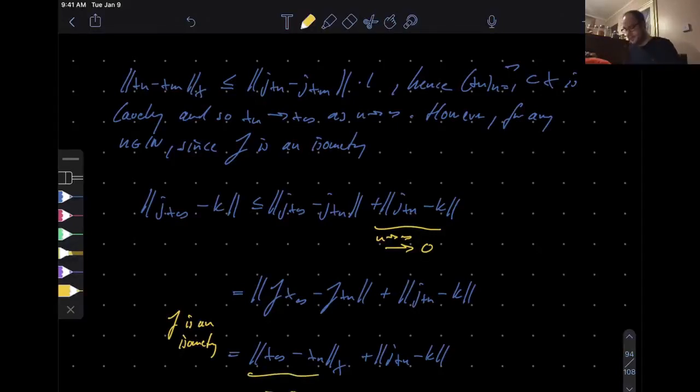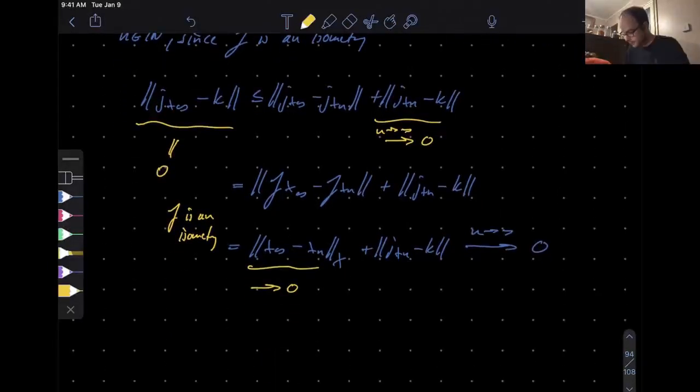Okay, and with that little trick now you have control over both, because this one here also goes to 0 because our sequence was Cauchy and x infinity is the limit, right? So now all that remains to do is you push n to infinity. Remember, the left hand side does not depend on n, so it goes to 0, and that means this norm here on the left has to be identically 0, and that shows that J sub x infinity is equal to k, and that's what you wanted. Hence, I'll write it the other way around, k is equal to J x infinity, and this is of course an element in the range of J, and so the range is closed, right?